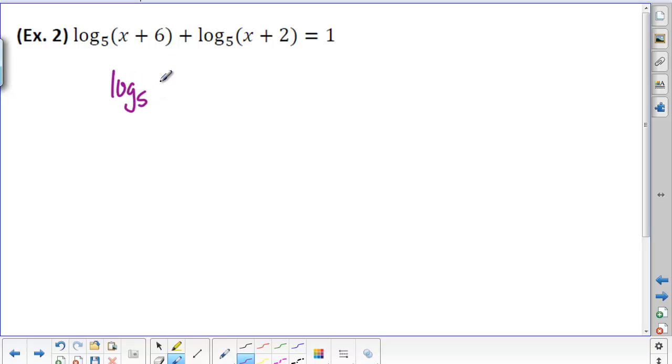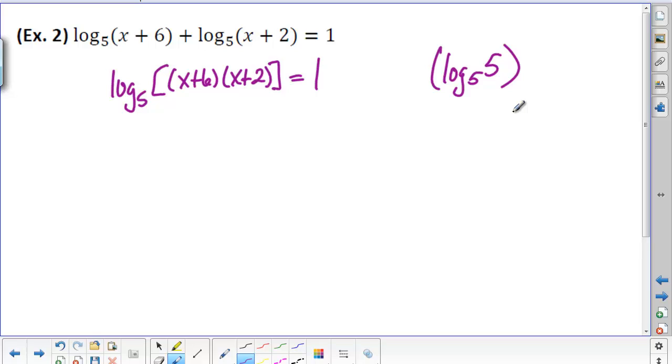Since we're adding, we can multiply those together. Now that right side, we can go 2 directions here. We can rewrite the right side as a base 5 logarithm. If you'll recall, log base 5 of 5 is equal to 1. So that's one route.